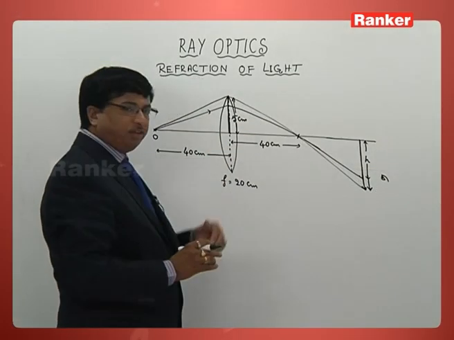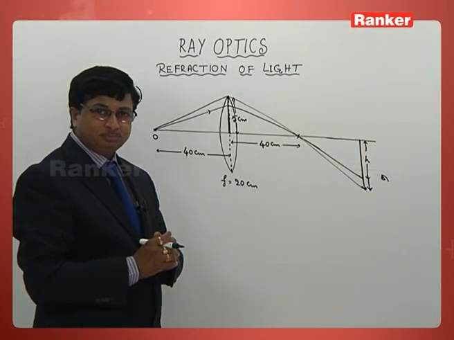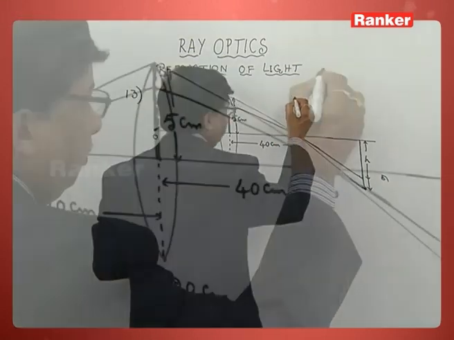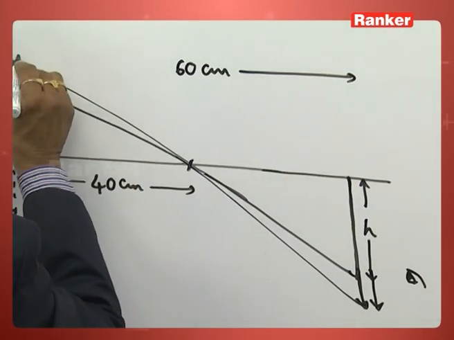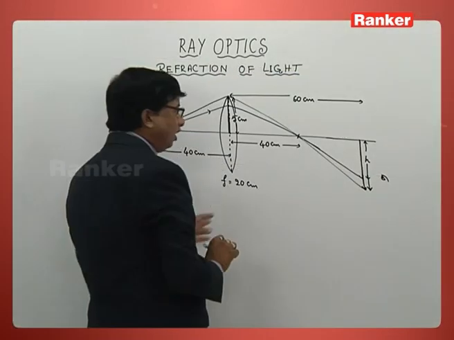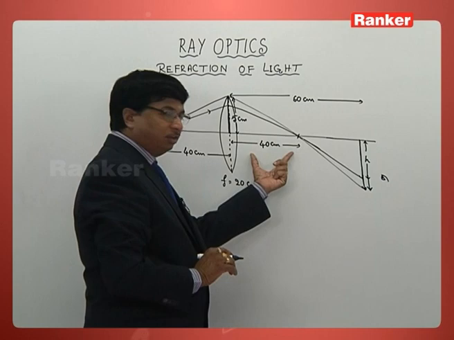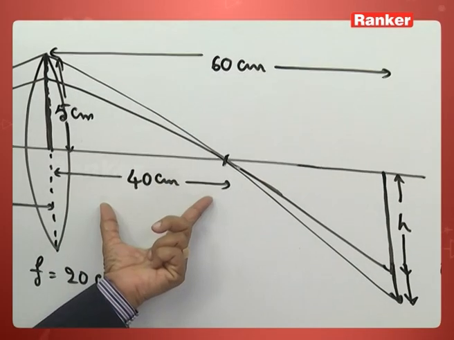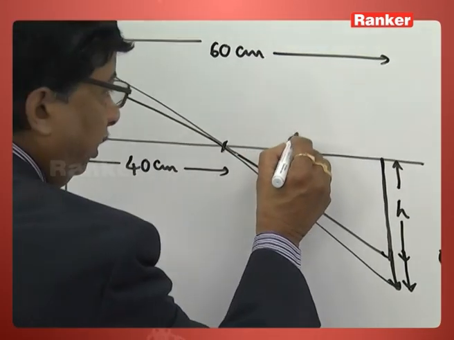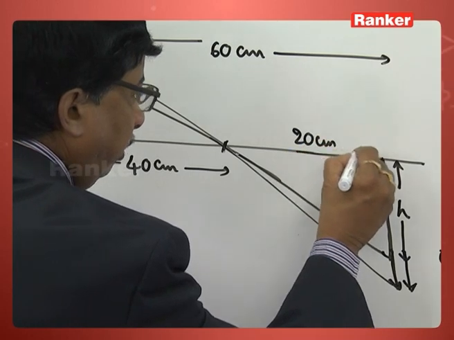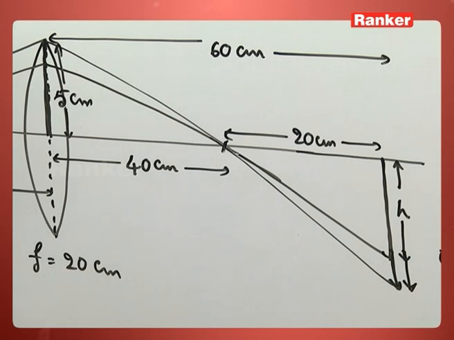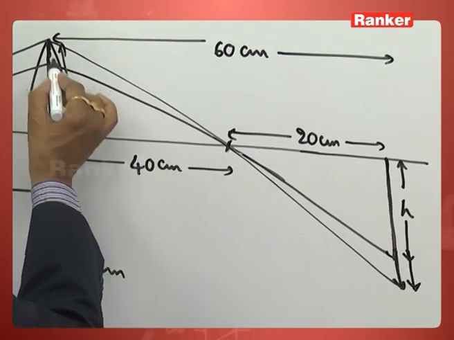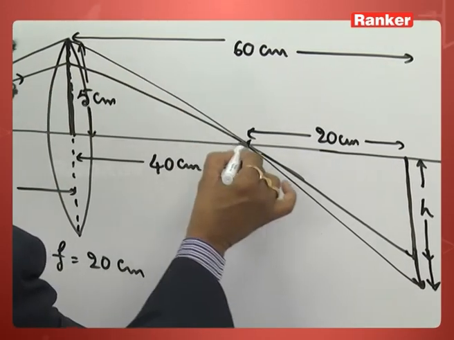And at what distance the eye is kept now? Eye is kept at a distance 60 centimeter from the lens he has given you. Out of that 60, this is 40 we know. Then what will now be the remaining distance? Surely 20 centimeter. Now just look at this triangle and this triangle.